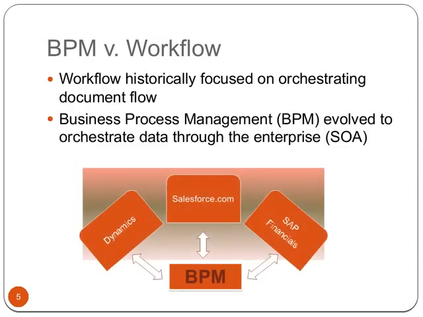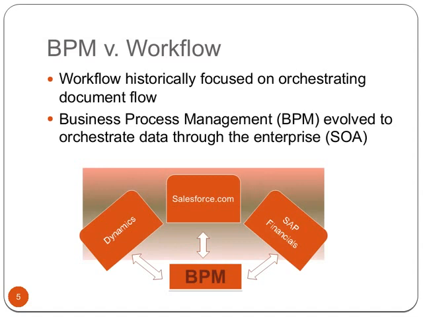BPM, business process management, really evolved to orchestrate data through the enterprise. IBM MQ Series Workflow was probably one of the first ones, and was the traditional ECM workflow product. So BPM evolved more to orchestrate data from one system to another, or from one enterprise to another within a greater organization.